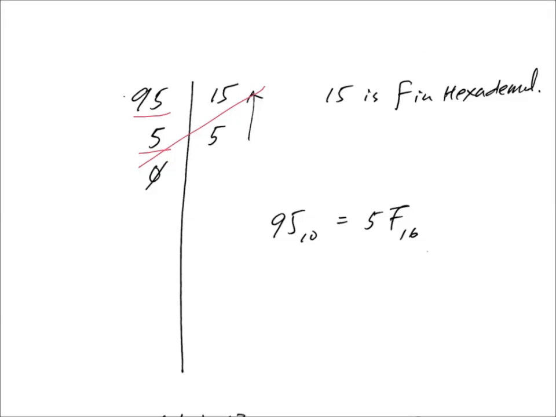And if you divide 5 by 16, the quotient will be 0 and the remainder will be 5. So we collect those remainders. The symbol for the numeric value 15, we know, is F. So 95 in decimal is 5F in hexadecimal.